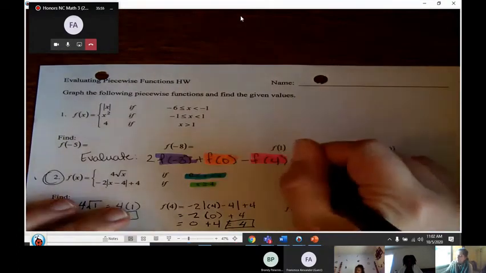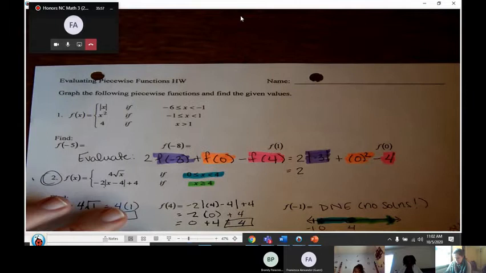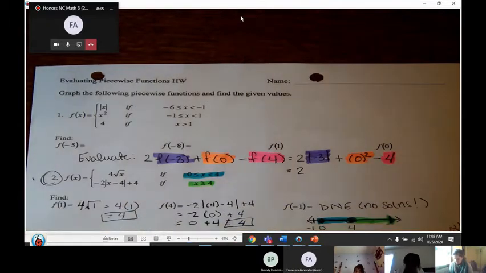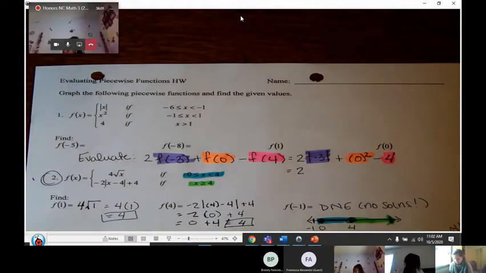What is the absolute value of -3? Can somebody say that again? What's the absolute value of -3?